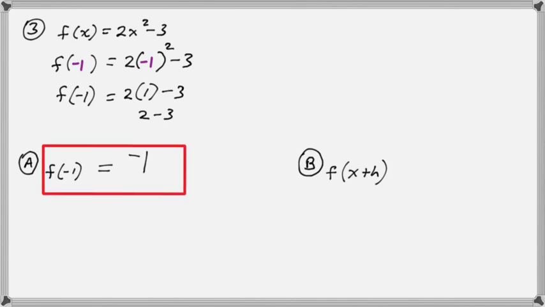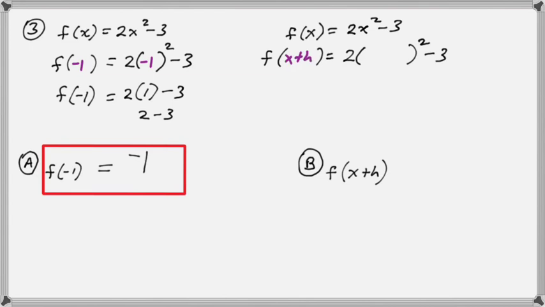Now, if we have f of x equals 2x squared minus 3, and I want you to find f of x plus h, you're going to replace every x with x plus h. At this point in your math career, you should know how to square a binomial.